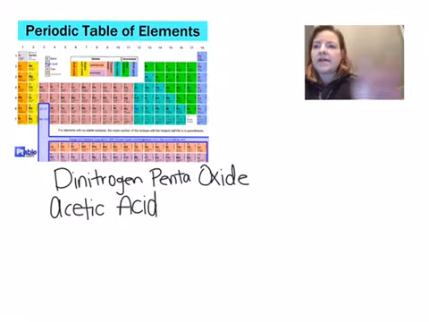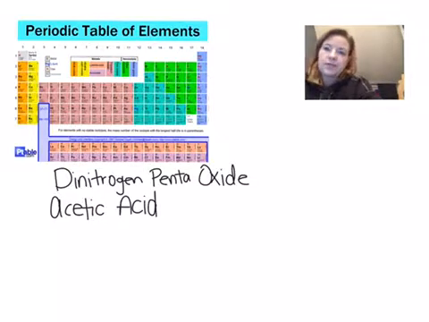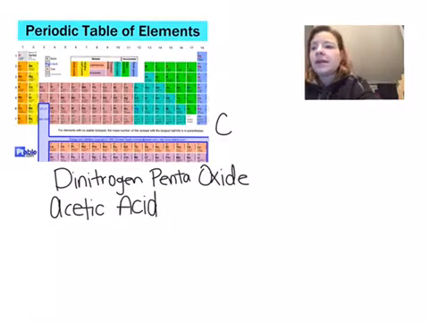So if I have dinitrogen pentaoxide, right away I should notice the prefixes. Prefixes in a name are going to be an indication that we have a covalent compound. So only covalent compounds are going to have these prefixes of di and penta. Now, what's a covalent compound?